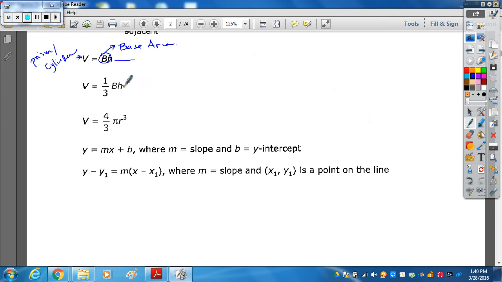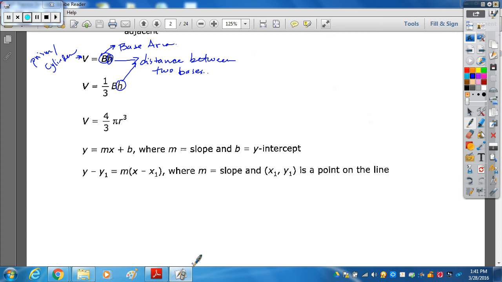Now the height here and the height here is the distance between the two bases. Okay, and so that length is going to be your height.